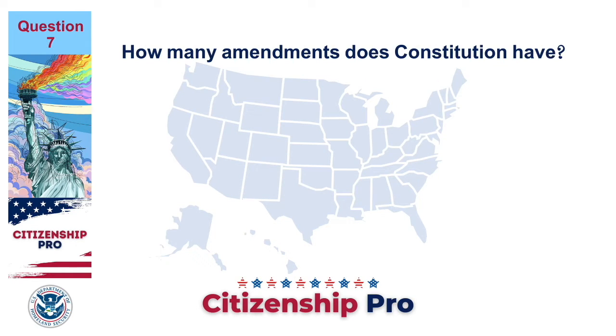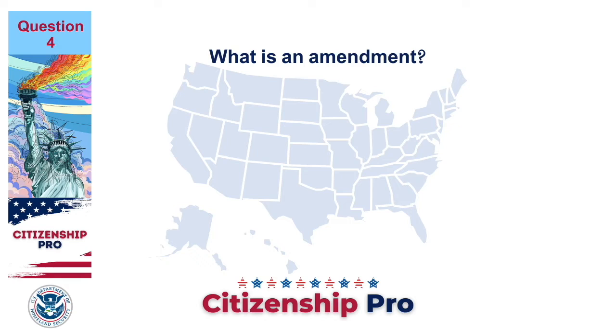How many amendments does the Constitution have? 27. What is an amendment?